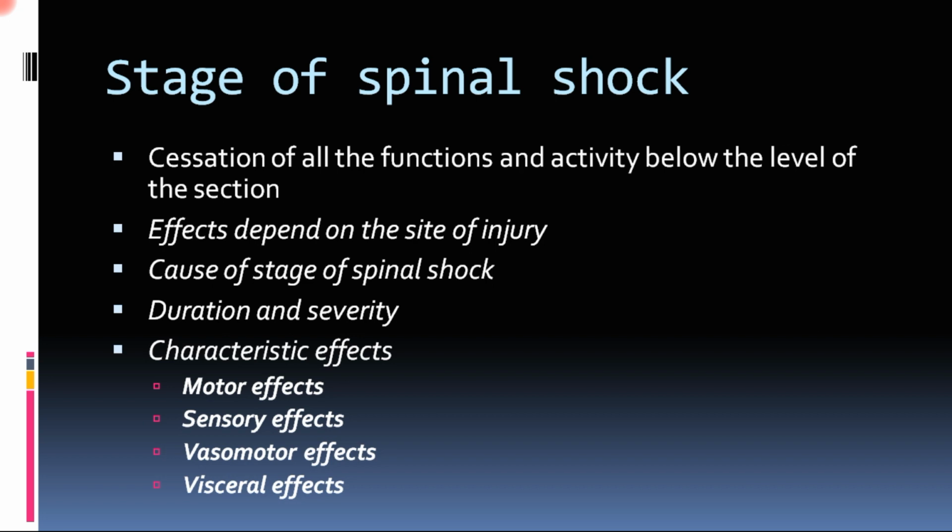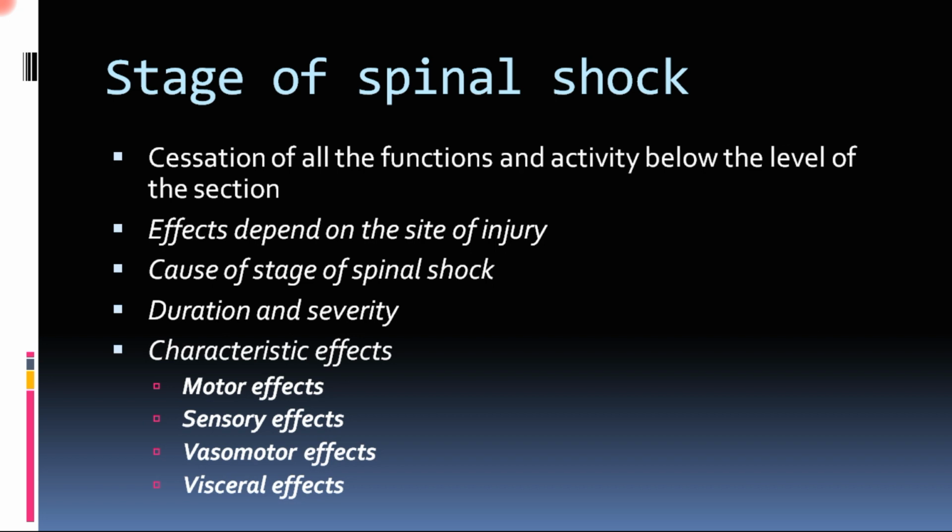Below the C5 level, with a transection at any level of the spinal cord, below the transection there will be complete cessation of function, like the sensory functions, the motor functions, the vasomotor functions and the visceral functions. All these functions will be lost.